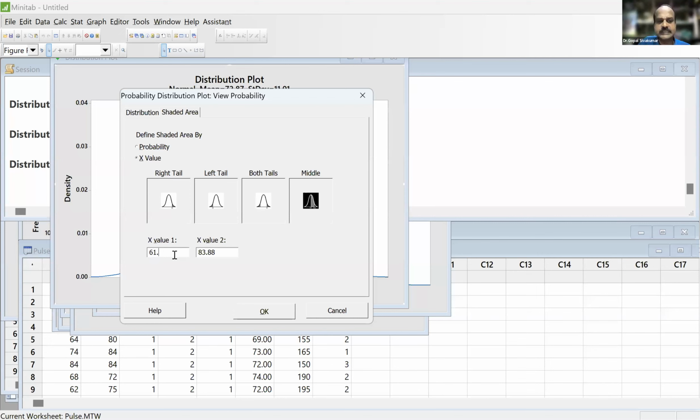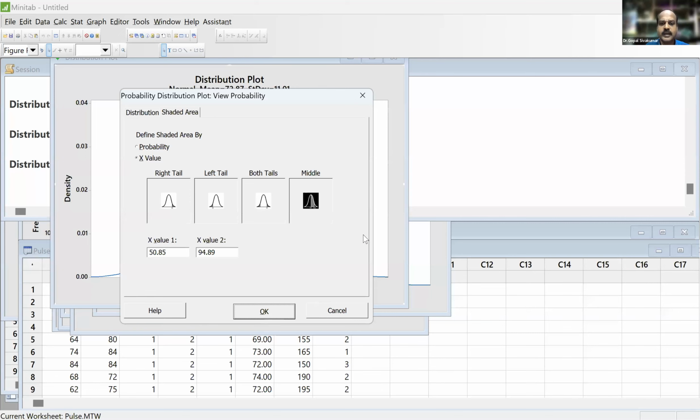Mean minus 2 standard deviations. The lower point is 50.85, and the upper is 94.89. So I have given plus or minus 2 sigma this time, right?